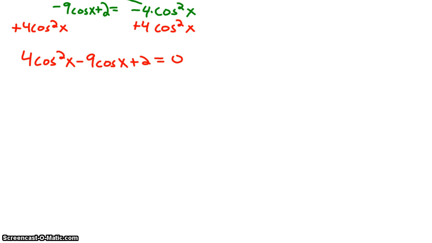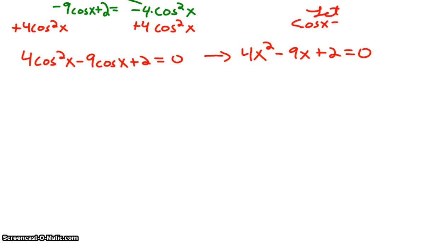Again, it's a case of factoring, and normally we see a case where we could relook at this as a 4x squared minus 9x plus 2, and that would happen again if I let cosine x equal x. And we'll have our choices, a 2x and a 2x, or we'll have a choice of 4x and x.